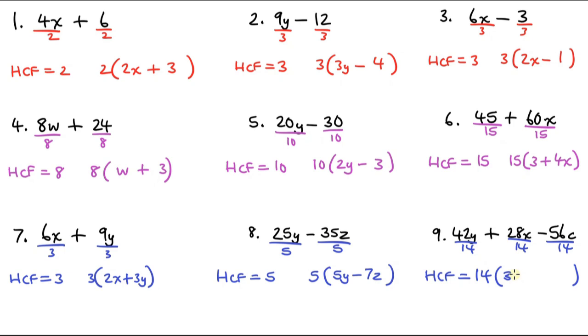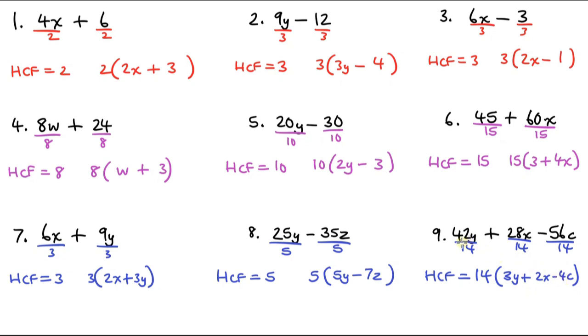So it's going to be 3y, plus 28x divided by 14, that's going to be 2x, subtract 56c divided by 14, well, that's going to be 4c. I think that's right, yeah, because half of 56 is 28. So if we half it again, that's essentially dividing by 4. So this would be my final answer.